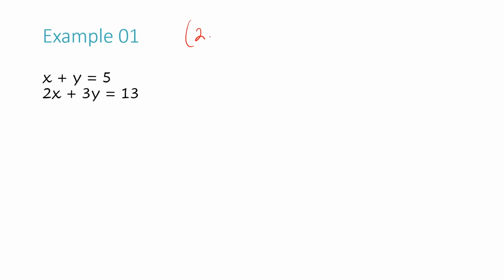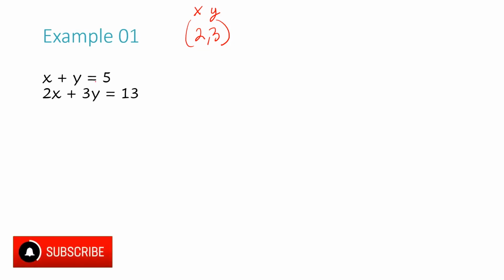But if you remember, it was (2, 3) that I got. So I had an x value of 2 and a y value of 3. So what I'm going to do is show you that when I plug in these two numbers to both of these equations, I get true statements. I get correct statements, okay?